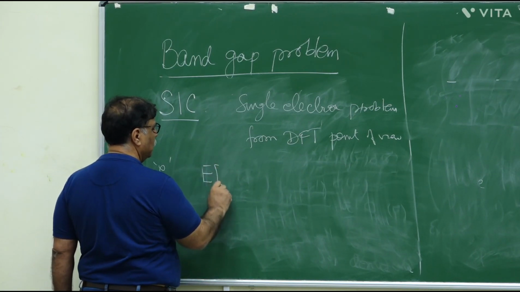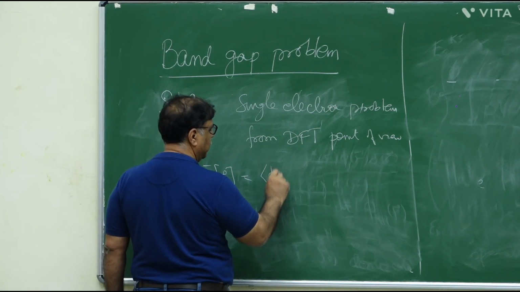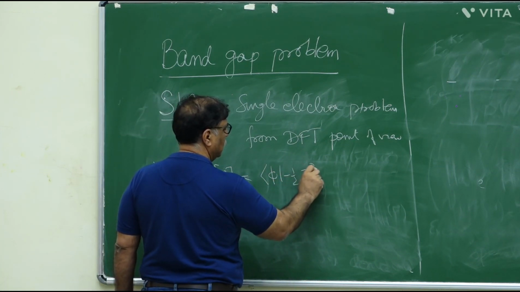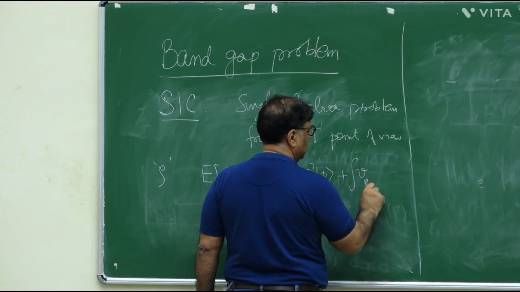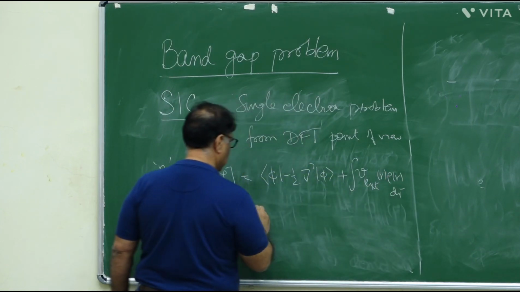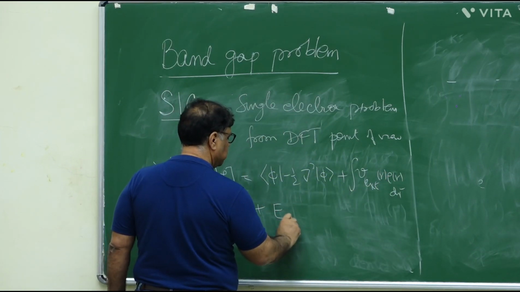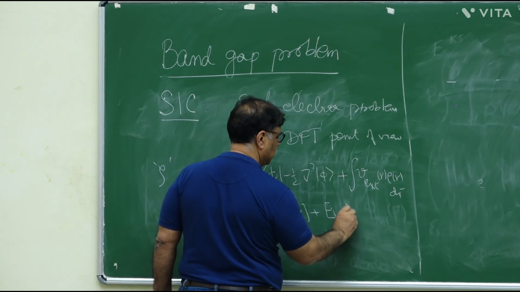The total energy, E[rho], will be equal to the kinetic energy plus the integral of V external(r) rho(r) plus E Hartree plus E exchange correlation.